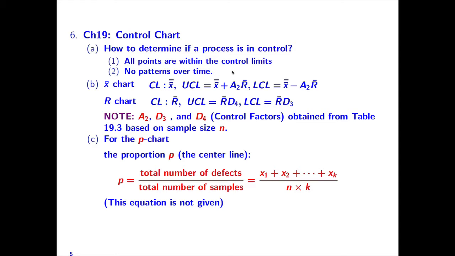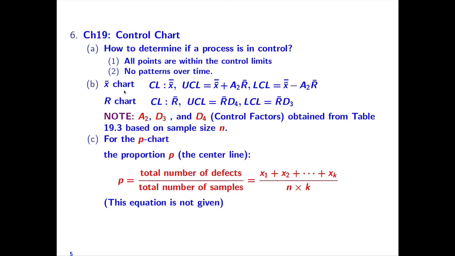So for condition number 1, you locate the largest value, and this value has to be below your upper control limit, and you locate the smallest value from your data, and this value has to be above your lower control limit. For condition number 2, you look for an upward trend or a downward one.